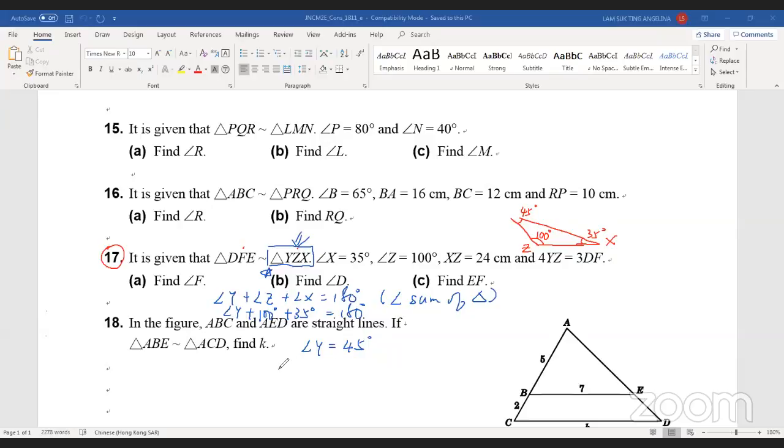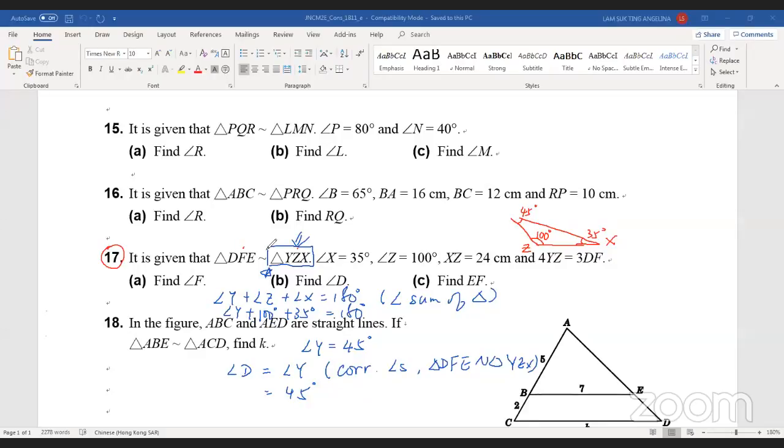Now, after you have found angle Y, then you can tell people that angle D is actually just the same as angle Y because they are corresponding angles of these two similar triangles. And then write down 45 degrees in this way. I'm quite sure that you know how to find the value of 45.